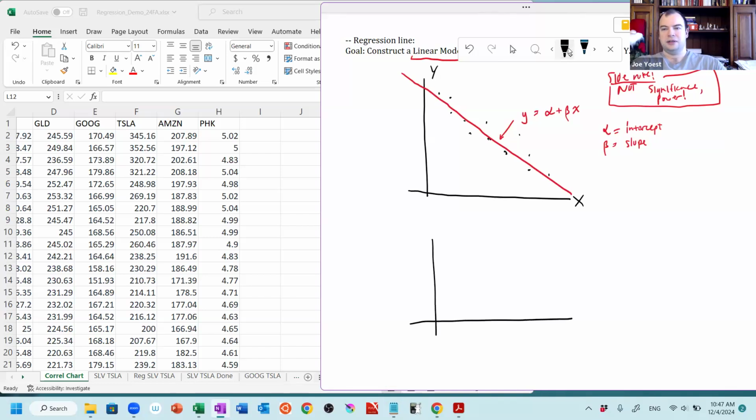Note that there are data sets that have a very clear relationship, say something like this. I mean, there's obviously a relationship between X and Y here.